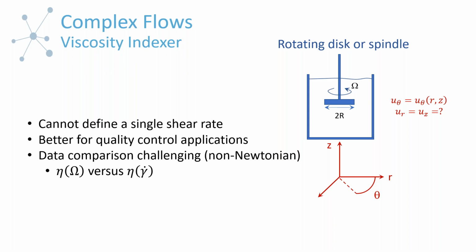one option for this, and I've drawn it as a rotating disc or rotating spindle in a fairly large volume of fluid. Of course, these types of instruments are used for quality control in a variety of industries with a very broad range of samples, so you can buy these spindles in many sizes and also different geometries.